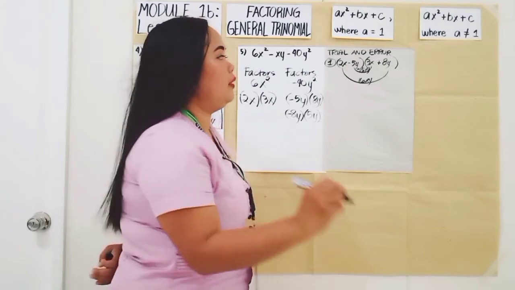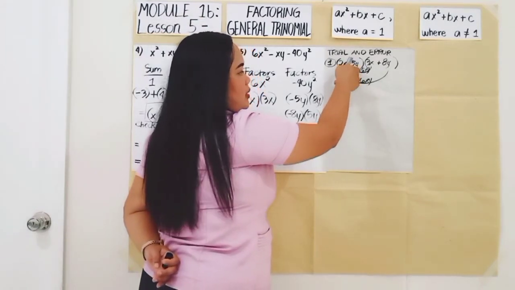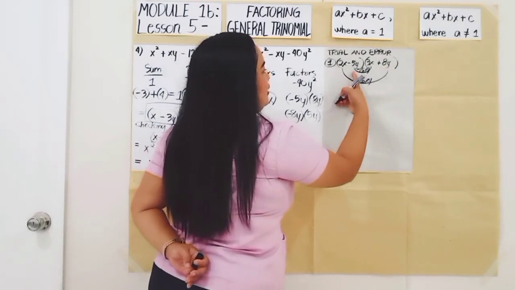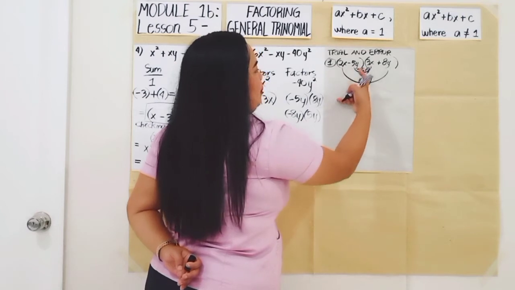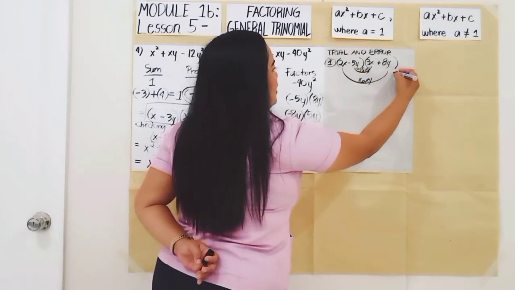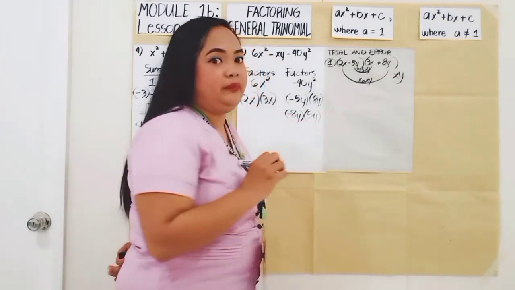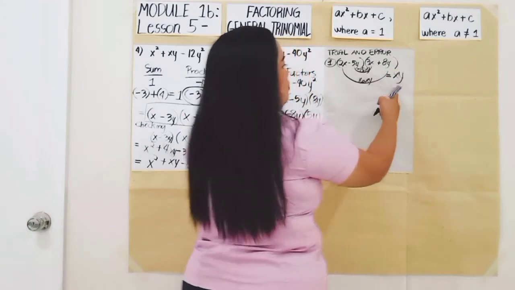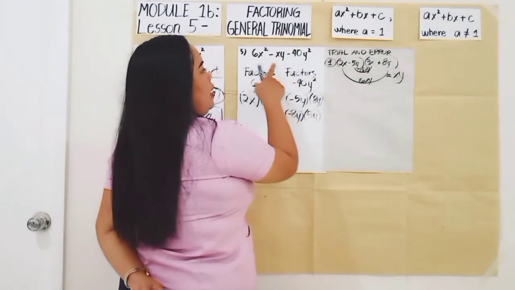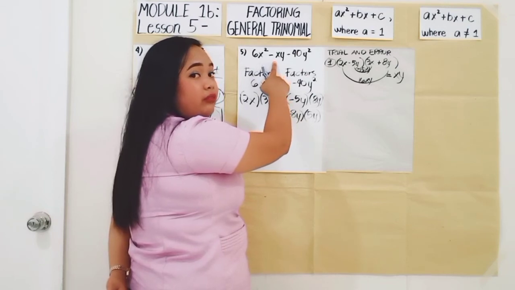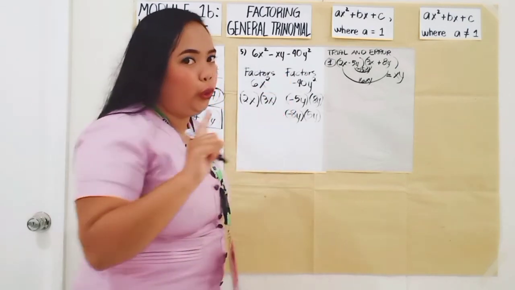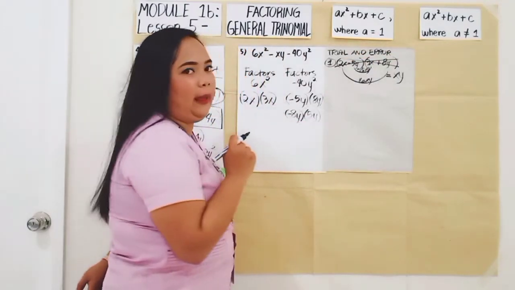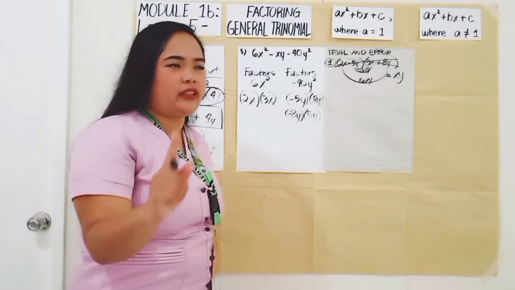Second step, you add the two products. So negative 15xy plus 16xy will give us positive xy. Right? Now, is this the same as the middle term of the given trinomial? No. Okay? So, disregard. It cannot be. Okay? Meaning, it is not our factors.